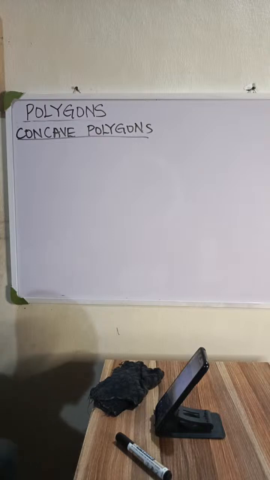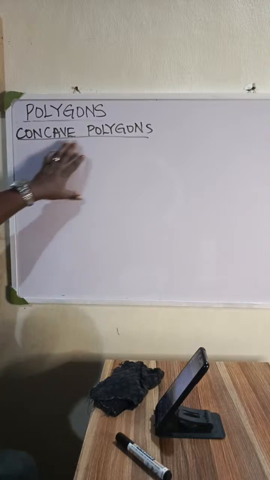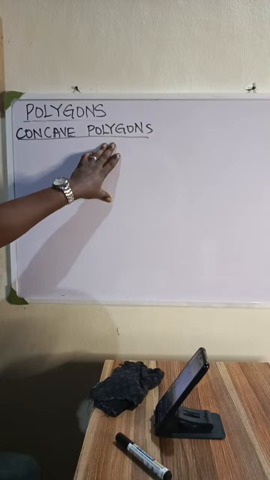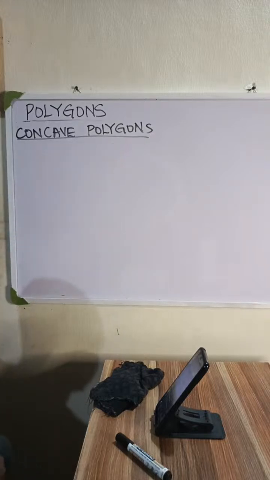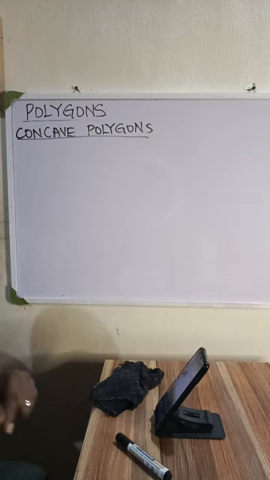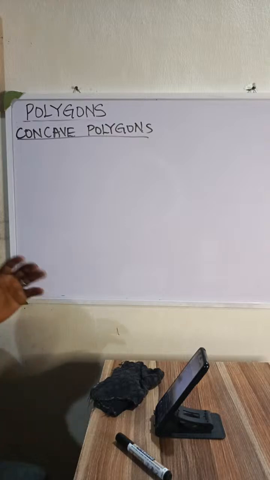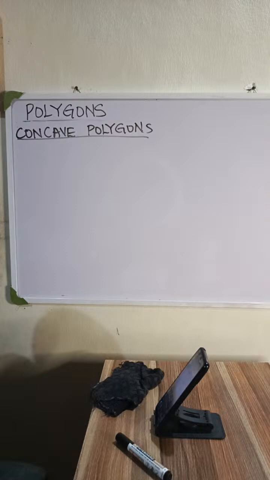It's called a reflex angle. A reflex angle is an angle that is greater than 180 degrees but less than 360 degrees. So a concave polygon is a polygon that has at least one of its interior angles as a reflex angle.